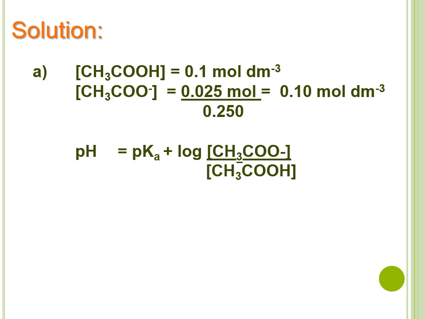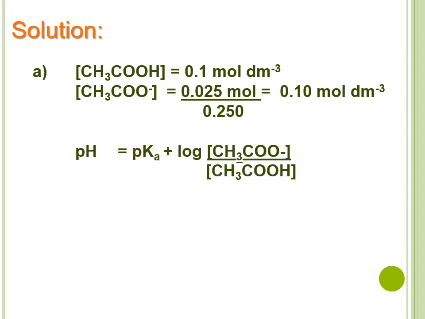So given the acetic acid is 0.1 molar, and then we calculate the concentration of the sodium acetate because in the question is given 0.025 mole. That one will be dissolved in 250 ml. So convert it into liters and we get the concentration 0.1 molar.